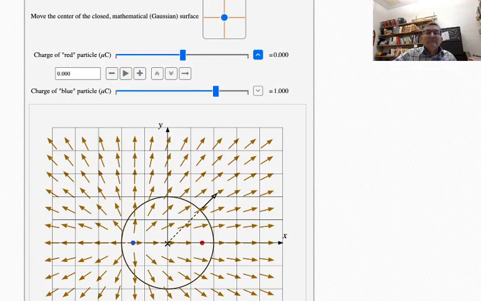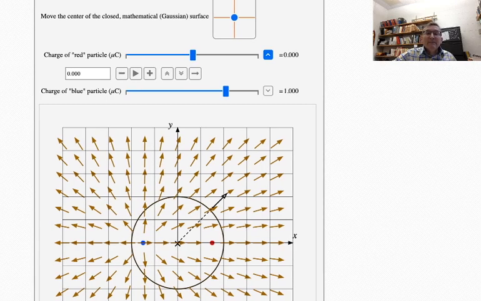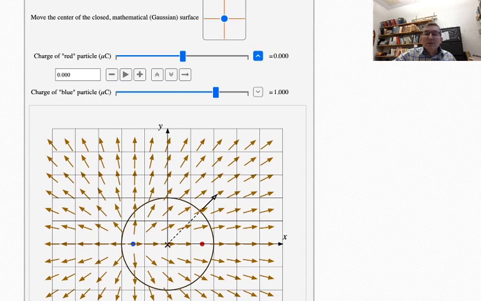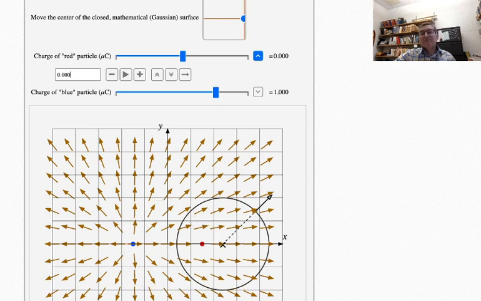Okay? What's the electric flux through the Gaussian surface now? Think about it. Pause the video if you need to. Did you say 0? Because now I enclosed the red particle, but it has no charge.